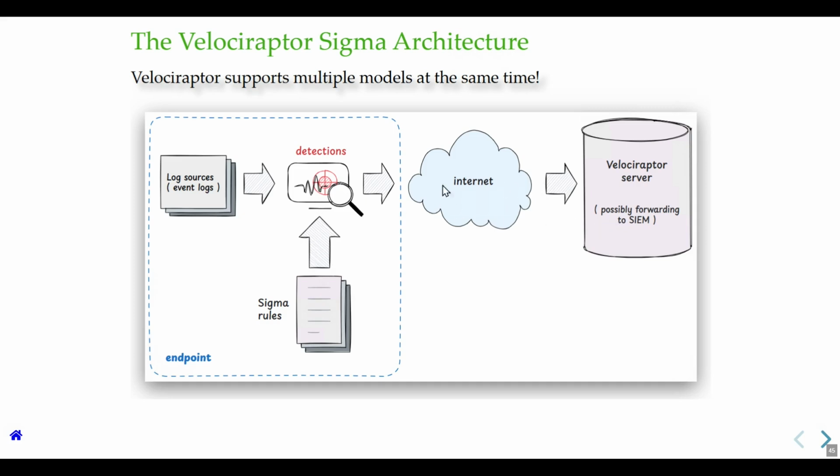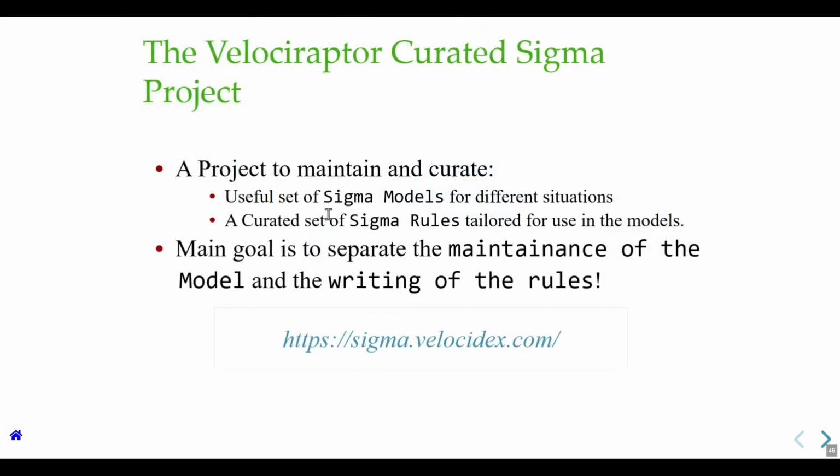That allows us to be very selective and also move a lot less data across the internet. Whereas in a SIEM system, you would forward all these logs through the internet to a backend system and then query it there. We'll talk about that a bit later, but that requires moving a lot of logs. That's the model here for Velociraptor's Sigma architecture.